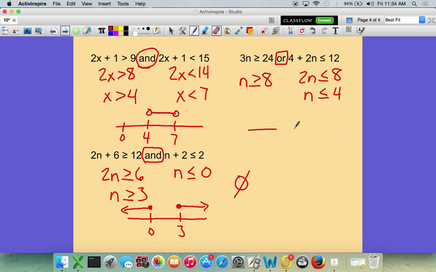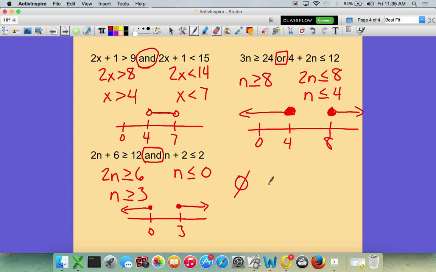So if we were to graph these, we'd have our 0, 4, 8. Greater than or equal to 8 means we've got to fill that in. Less than or equal to 4 means we've got to fill that in and go to the left. Now, what are all the numbers that work for either one of those? Everything in this area works.